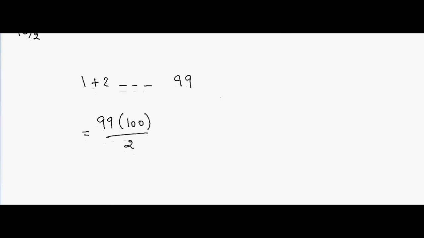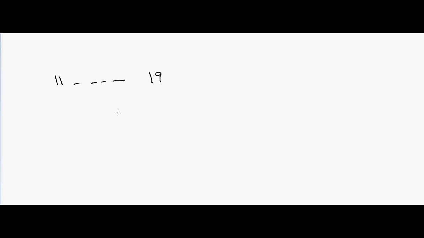So now suppose instead of 1, the number starts from somewhere else, suppose it starts from 11 and it goes until 19, so how will I do that? In that case, I'll first add 1 to 19, and then I'll subtract 1 to 10 from it.